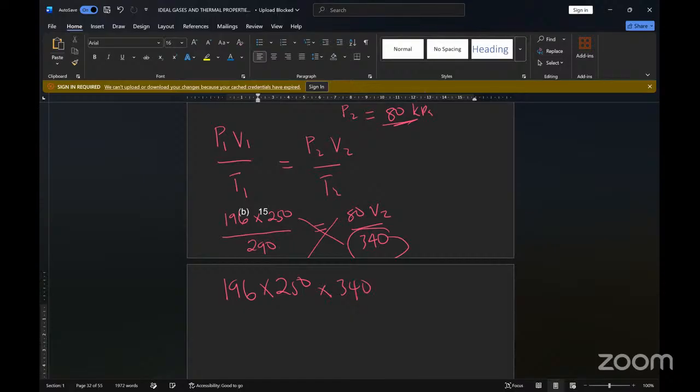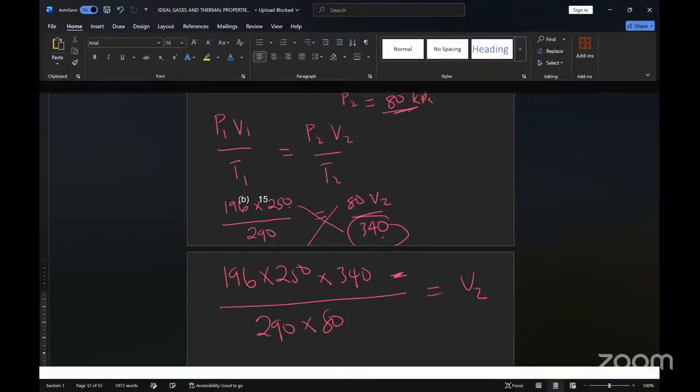The numerator multiplies with the denominator of the other one. So it's 196 times 250 times this one, must be equal to 290 times 80 times V2. So this one divided by that, 290 times 80, should give you V2.